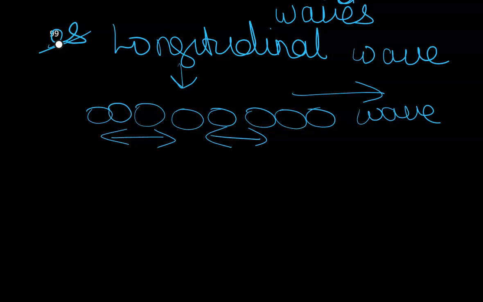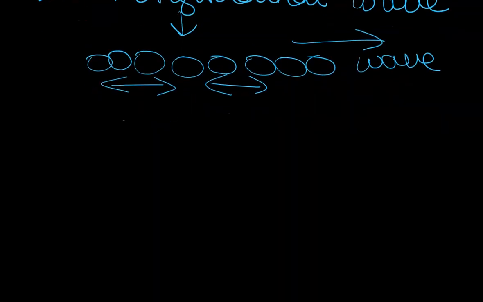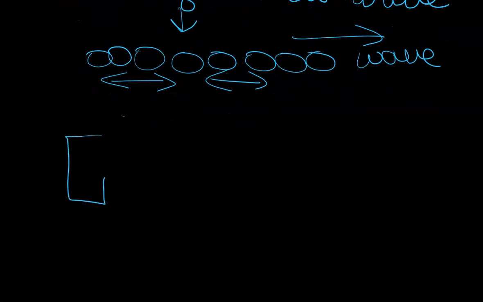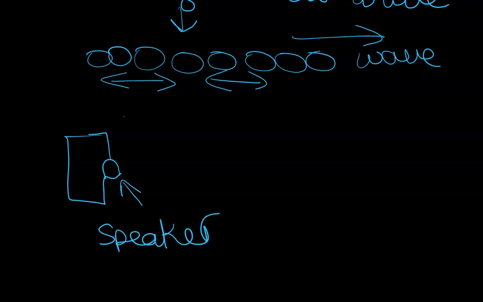Now, a sound wave is generated where, let's say, a person or a device, let's say a speaker, is vibrating. So I can have a speaker, and this speaker is vibrating the surrounding air molecules.